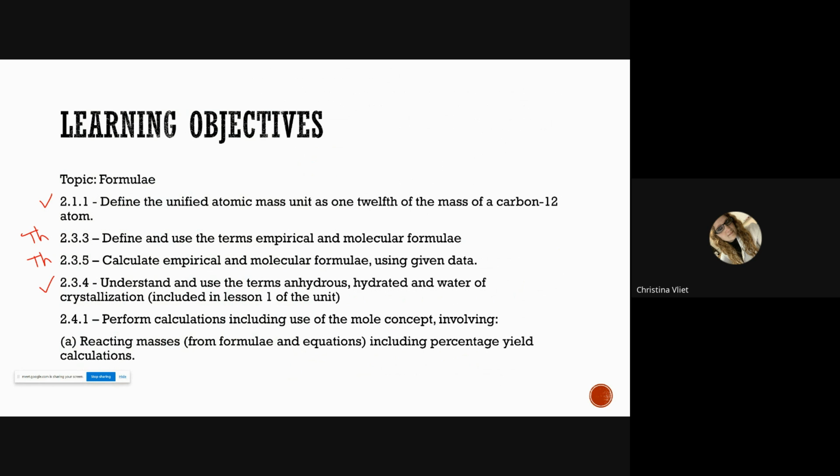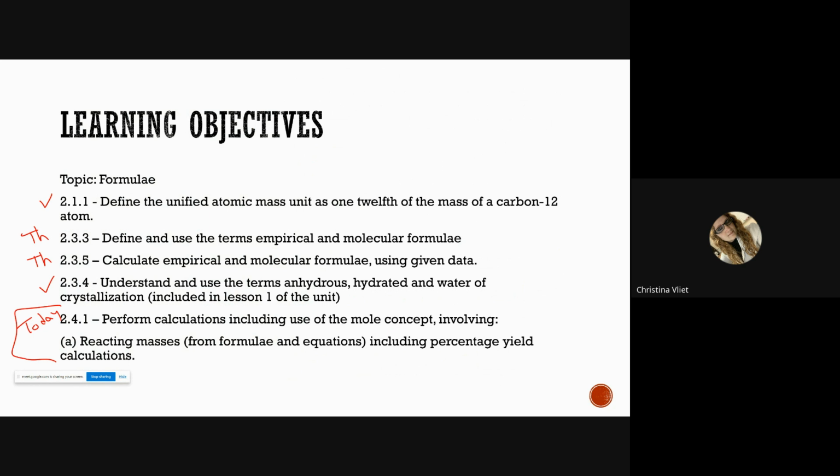And then perform calculations, this is today. This literally means we are only going over one part of one standard today, 2.4.1a. And then all of these other things we've either already done, and these two we're going to do on Thursday, empirical and molecular formula.